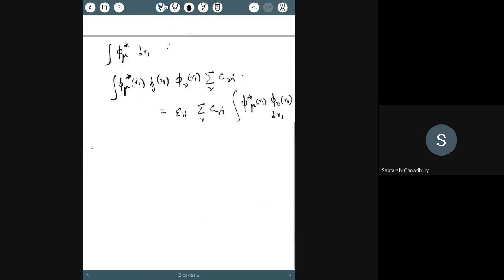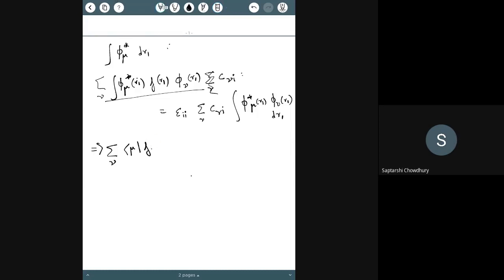Okay. And this I now define. Sorry, I should put this here. So sum over nu. So this is a matrix element of the Fock operator.